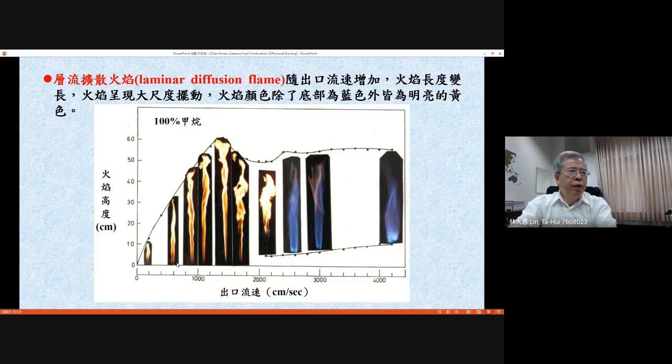The third observation is that the flame surface is quite smooth, even though it is wrinkled. This kind of wrinkle is very similar to our previous discussion on premixed flames.